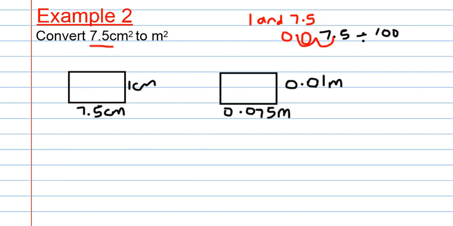Now let's go straight to the area. So the area for this is going to be 1 times 7.5, which is 7.5 centimeters squared now, because we've calculated the area.